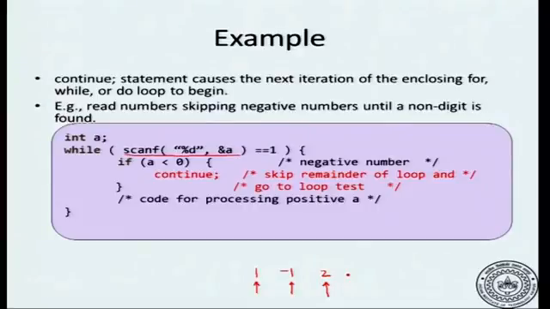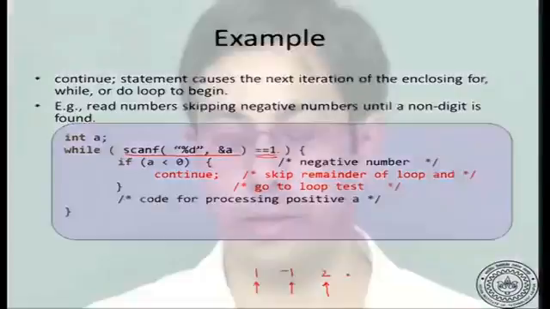We are already familiar with this. But what does equal to 1 mean? This is something that we have not encountered so far. The scanf statement has a return value. It gives you the number of inputs that were successfully read.